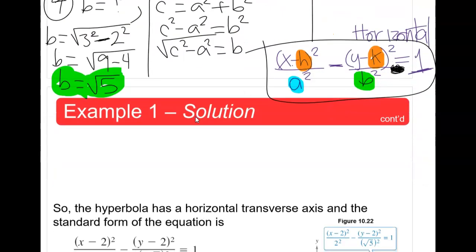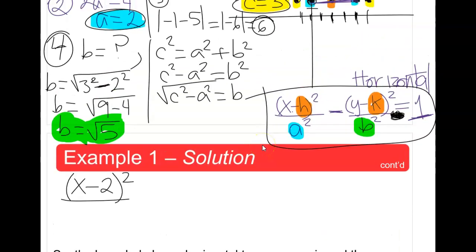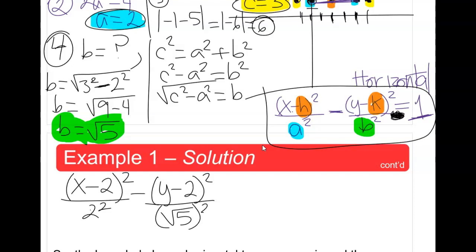So let's do that on the next slide. We're going to have x minus h, which is 2, squared over a squared. a is 2, so 2 squared. And then minus y minus k, which is also 2, squared over b squared, so it will be the square root of 5, but then we're going to square it.